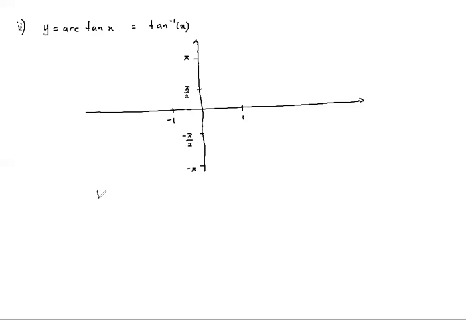Now remember, tan pi over 2 is the same as sine 90 over cos 90, but cos 90 is 0, so it's undefined there.